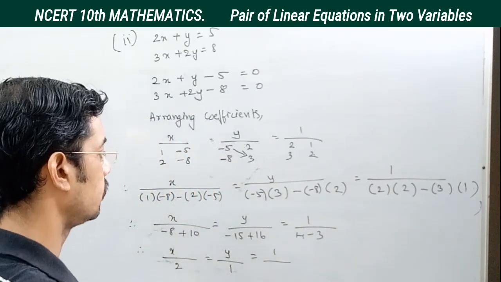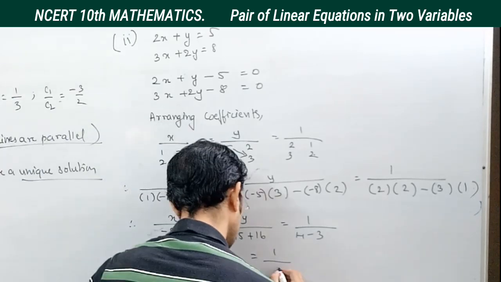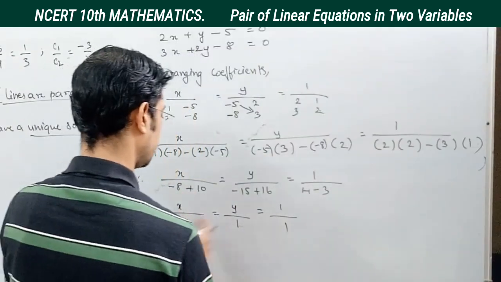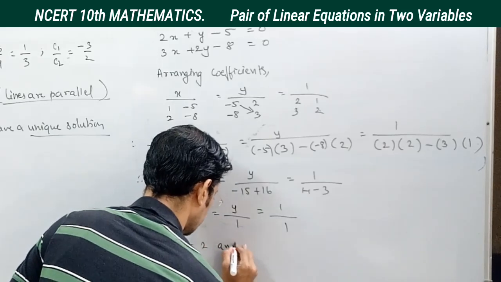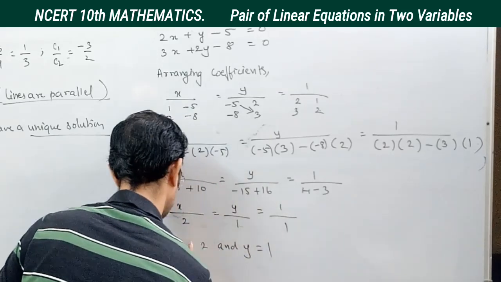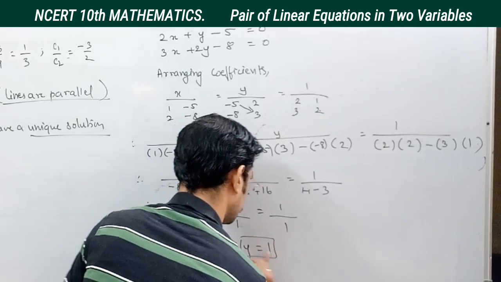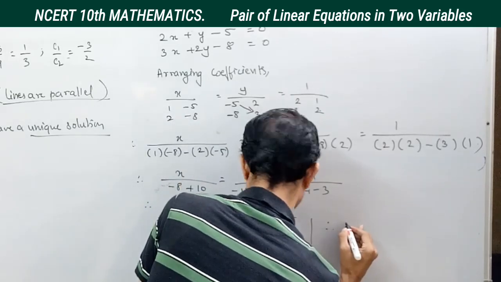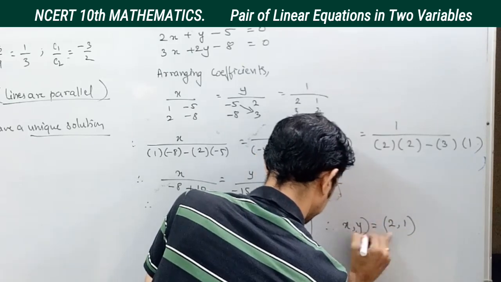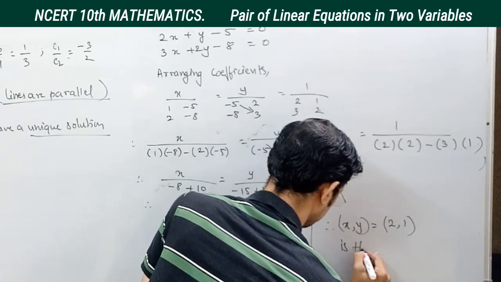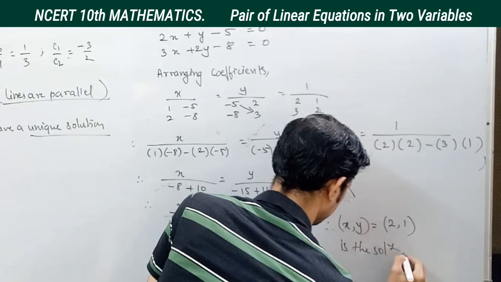What is 4 minus 3? It is equal to 1. When you compare x by 2 equal to 1 by 1, you get x equal to 2 and y equal to 1. Therefore x comma y equal to 2 comma 1 is the solution.